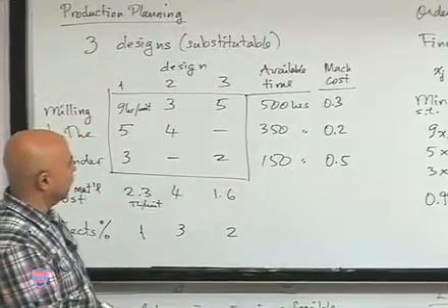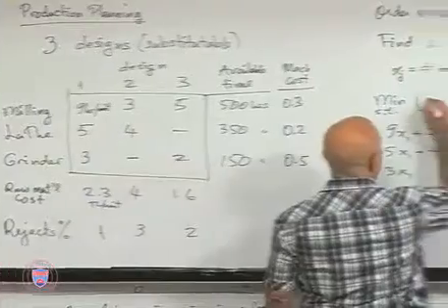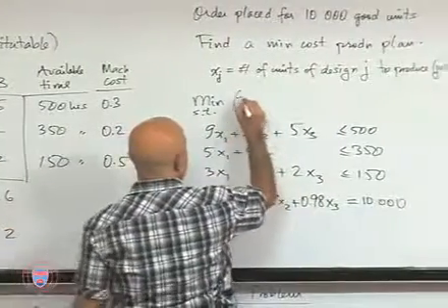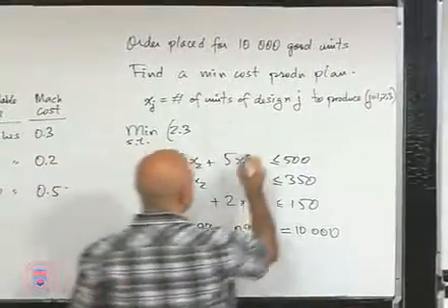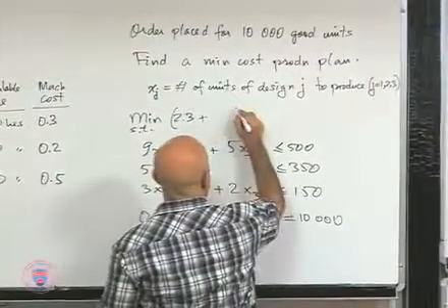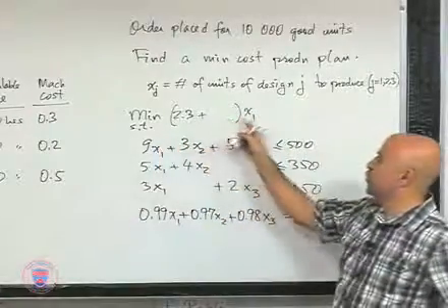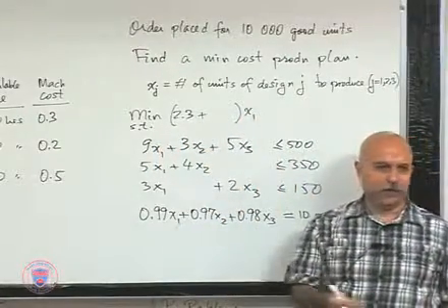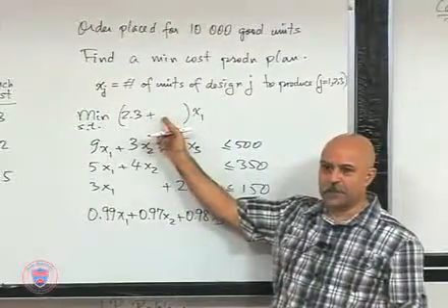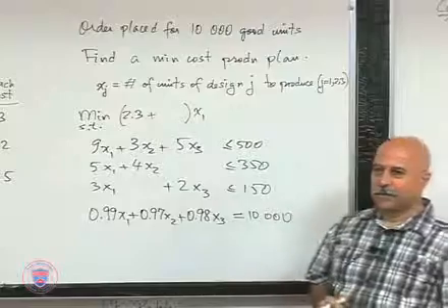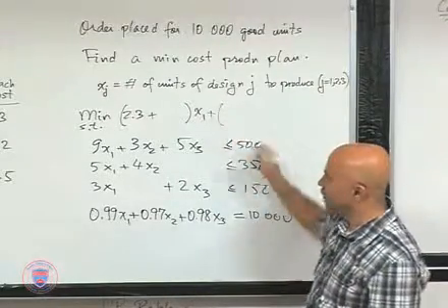So, for example, for design 1, I want to have 2.3 for the material cost per unit, plus something else for the machining cost, and that's going to be the cost per unit of design 1. And I'm going to multiply that with x1, of course. So what is that something that goes in here? Similarly for the other ones.